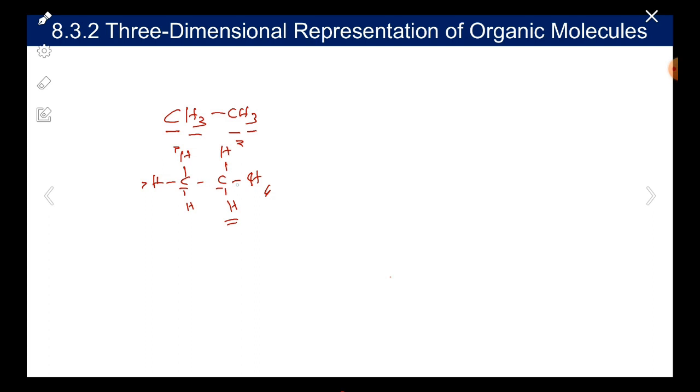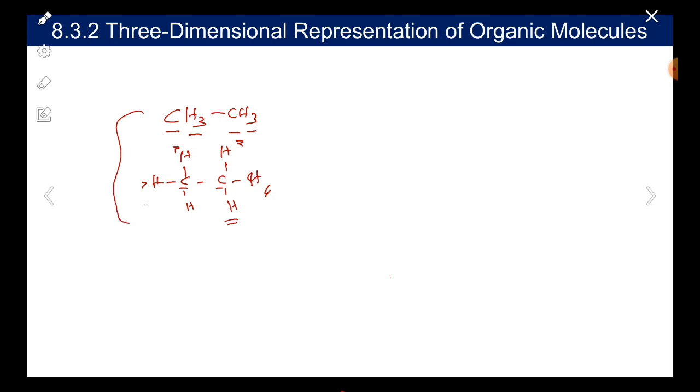So how to represent a molecule in a three-dimensional manner? We always tend to imagine how an organic molecule can exist in nature, along the x-axis, y-axis, and z-axis. Not like this one.